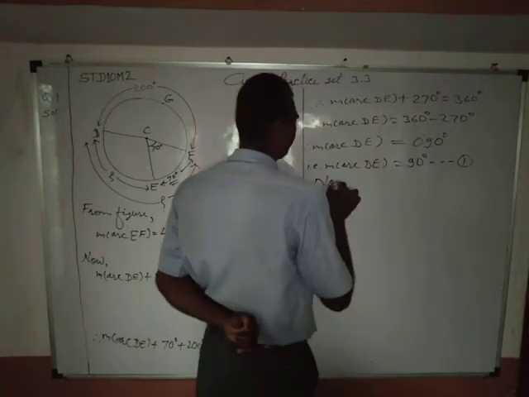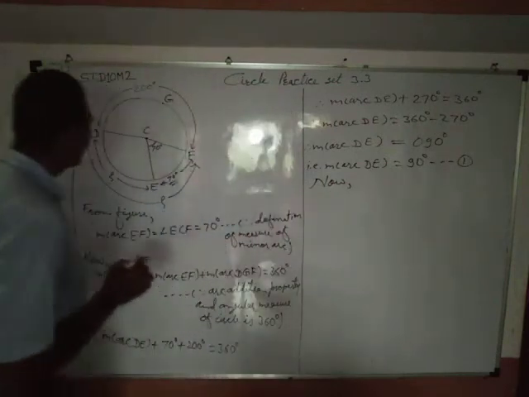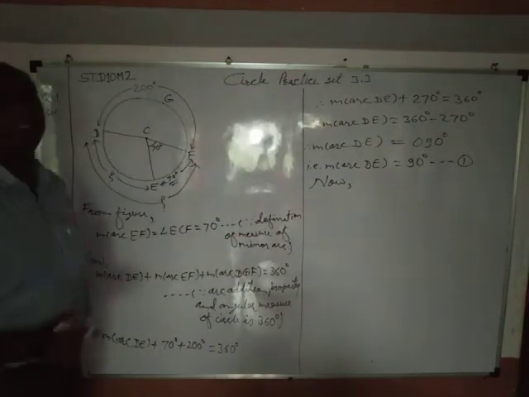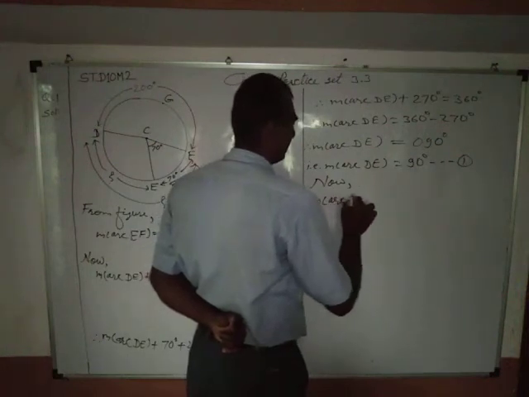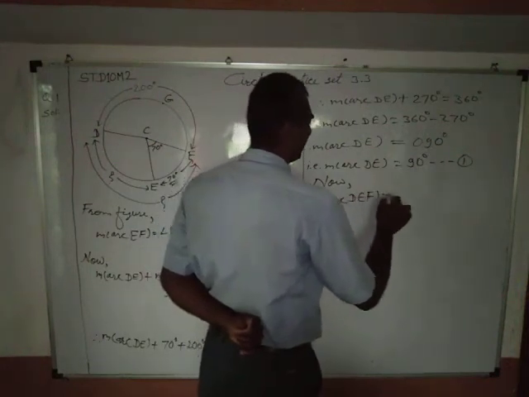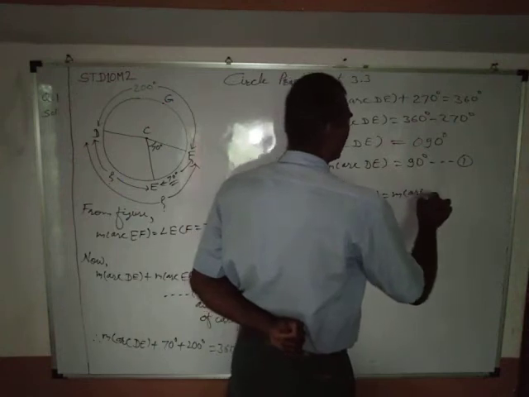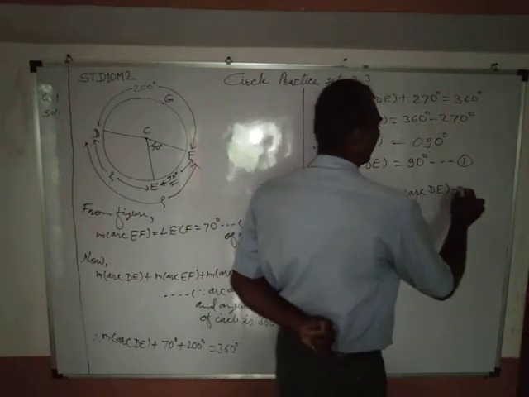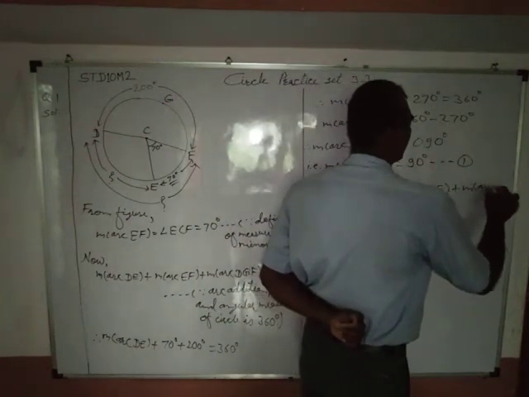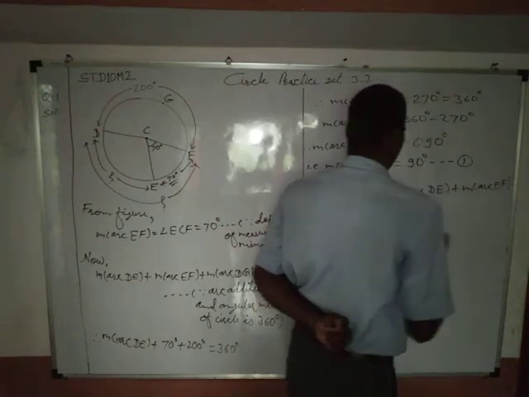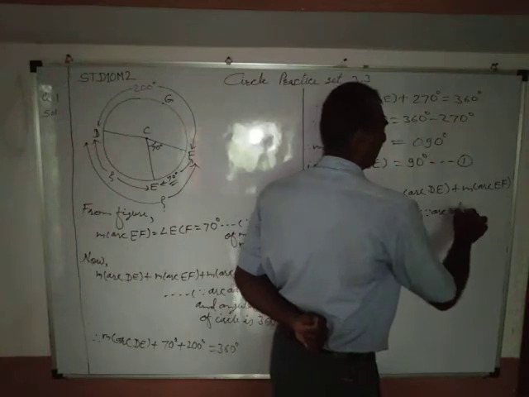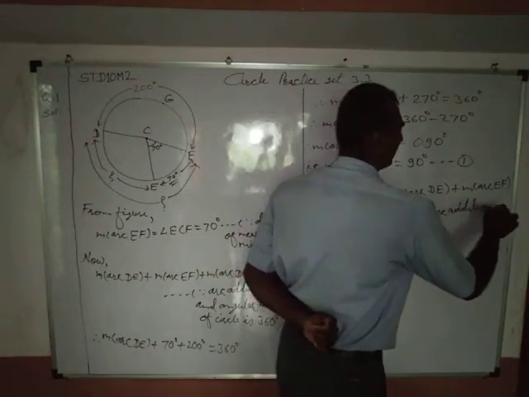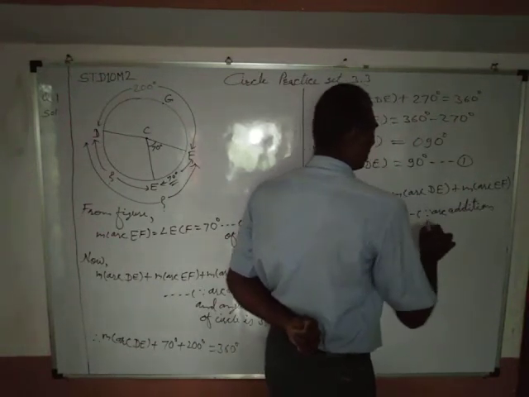Now we are interested to find measure of arc DEF. Measure of arc DEF equals measure of arc DE plus measure of arc EF, since arc addition axiom or property.